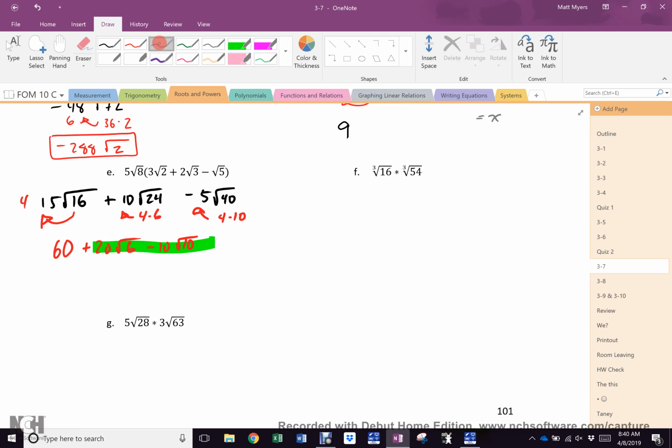20 root 6 would be, if we were writing it as a coefficient and a variable, 20 times x, right? We all agree? Same thing. Everybody cool? Minus 10 root 10. Now, is that the same as that? So can I use x there?